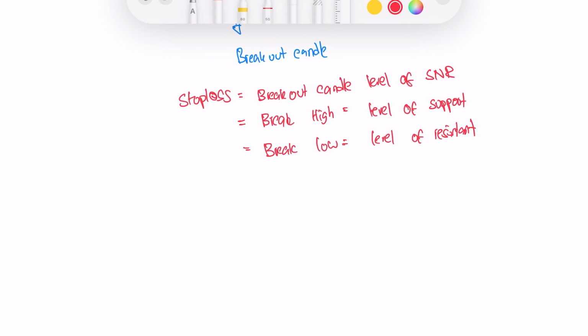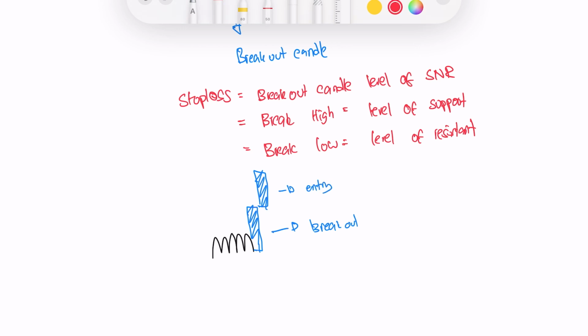Let's assume that price is doing this. Okay, price is consolidating, and all of a sudden we have a bullish breakout here. Then the next candle is our entry candle. So this is what we call breakout. This is our entry.